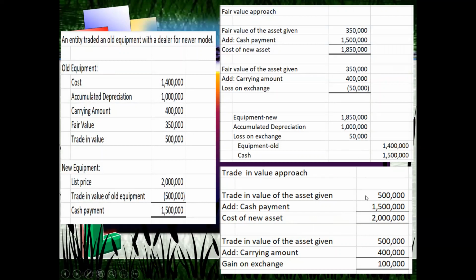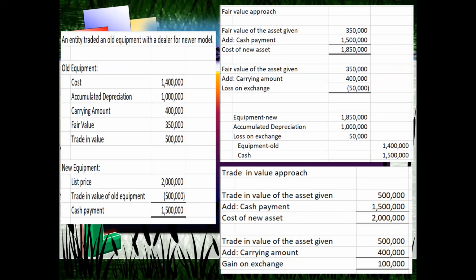So to get or to compute for the gain or loss on exchange, so we have here your trade-in value na 500,000 minus the carrying amount of 400,000. So there is a gain on exchange amounting to 100,000.